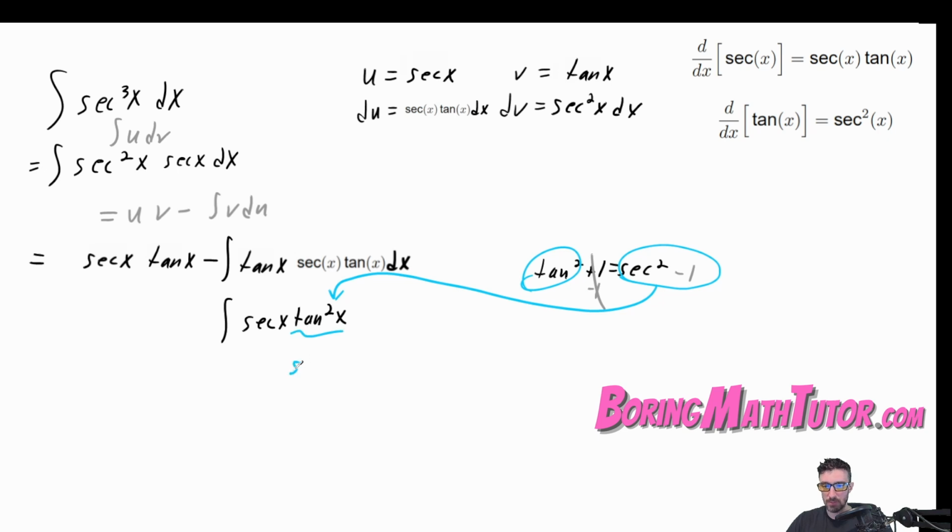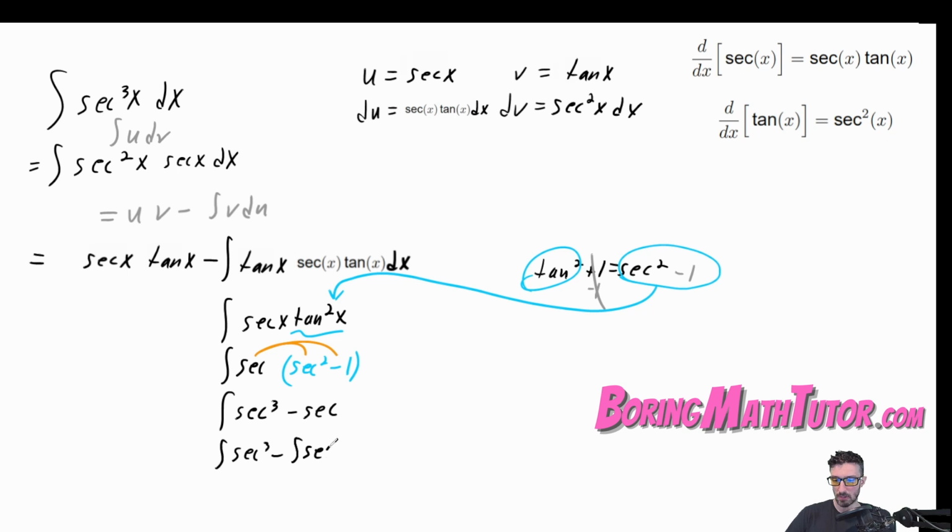So let's replace this with secant squared minus 1. We still have our secant right next door. It's now time to distribute, which will get you integral of secant cubed minus secant, which is also equal to integral of secant cubed minus integral of secant.